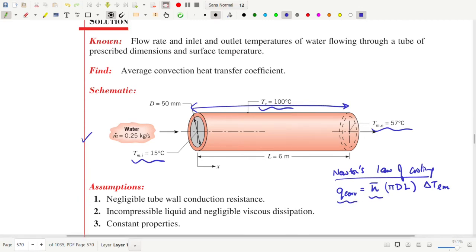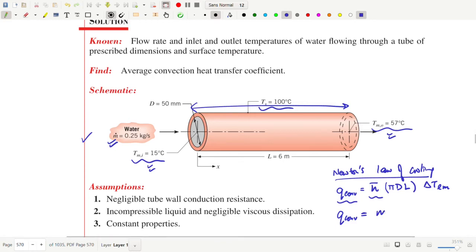Now Q convection is not known to us, but we know that the water flow rate is given to us, and the water temperature increase is also given to us. So we know that Q convection, whatever heat is convecting from the pipe inner surface to the liquid, is ultimately going to increase the liquid temperature.